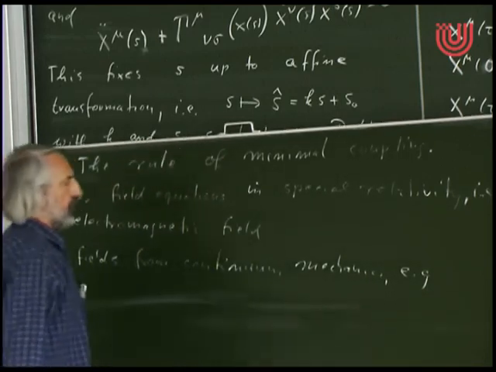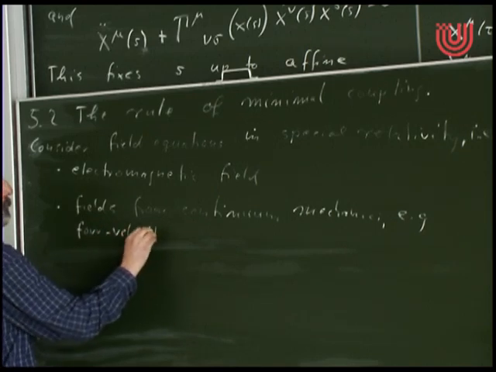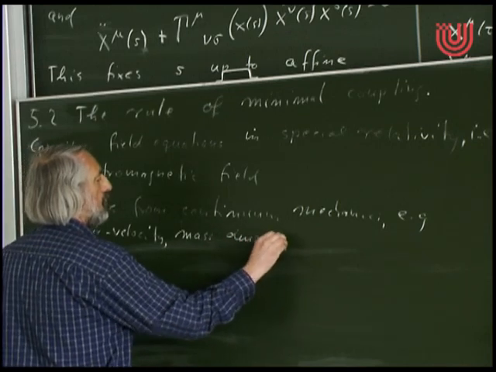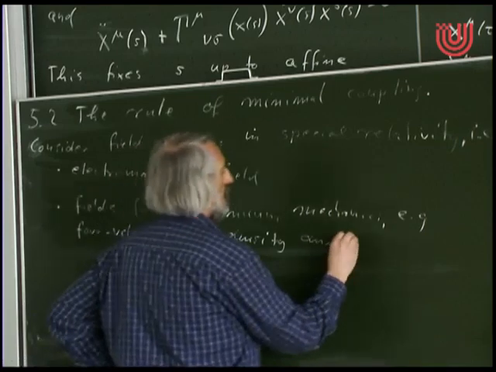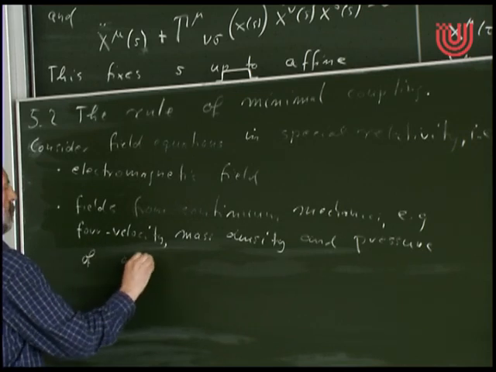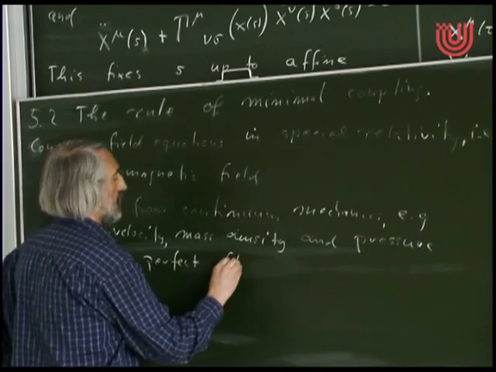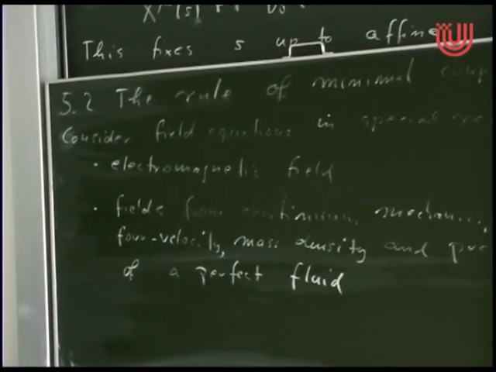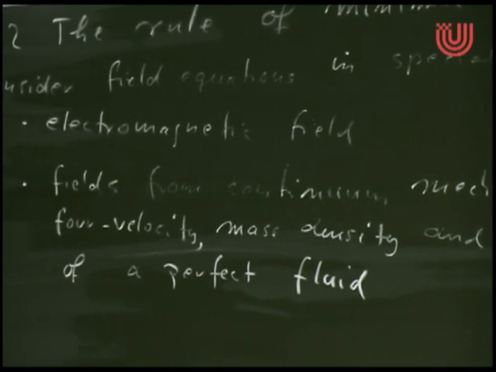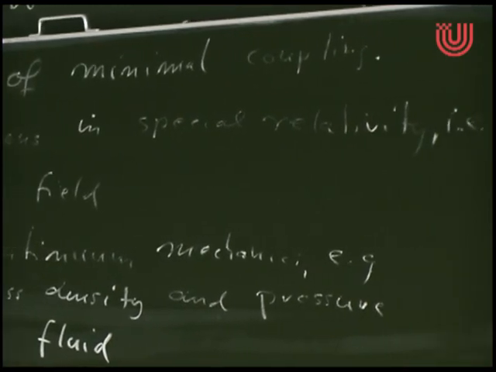So examples would be the velocity, the mass density, and the pressure of a perfect fluid. This was one of the models we studied a little bit in one of the worksheets. This includes the dust case as a special case, right? If the pressure is 0, then a perfect fluid becomes a dust. We talked a little bit about the energy momentum tensor and the equation of motion for perfect fluids. So we could consider such a field in special relativity.